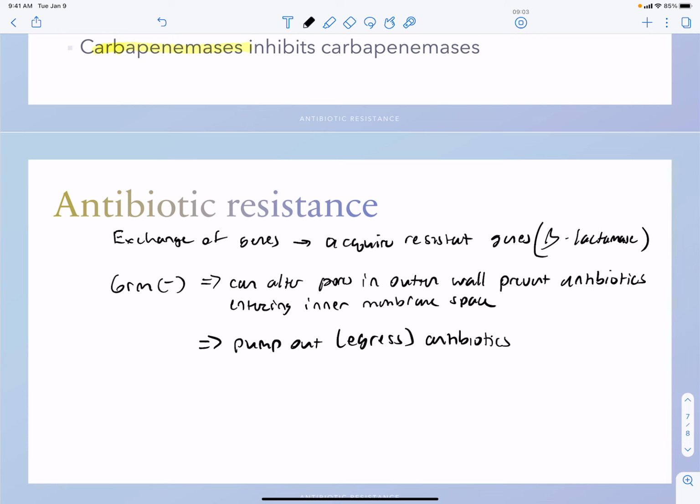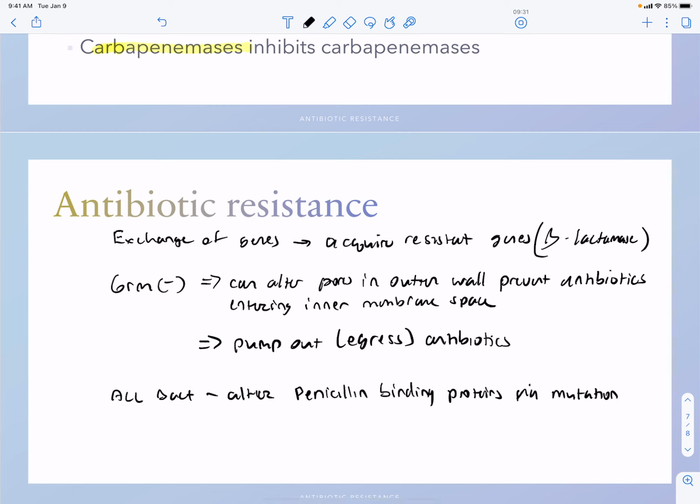Now, all bacteria can change their enzymes. So they can alter those penicillin binding proteins. And this would be through point mutations. And of course, this would be random, but it would be selective.